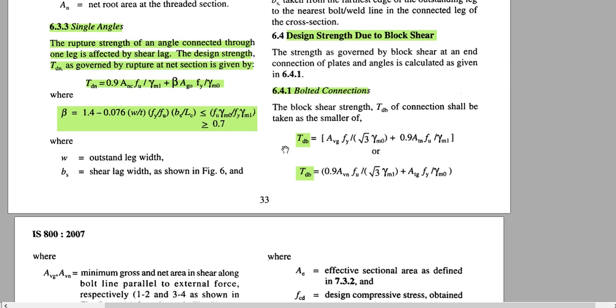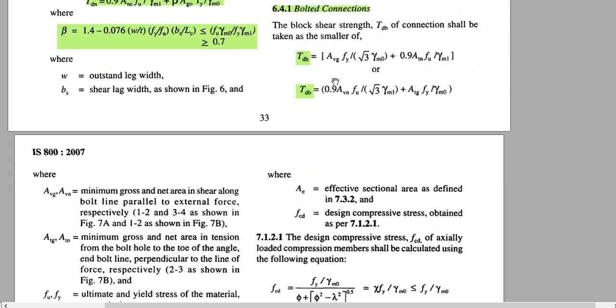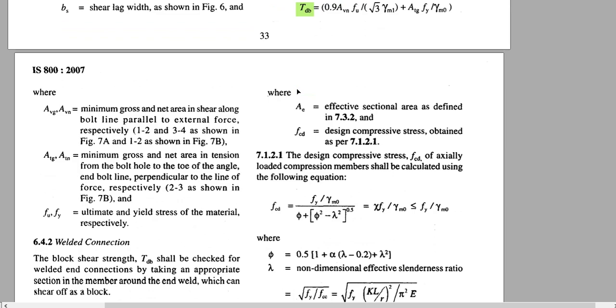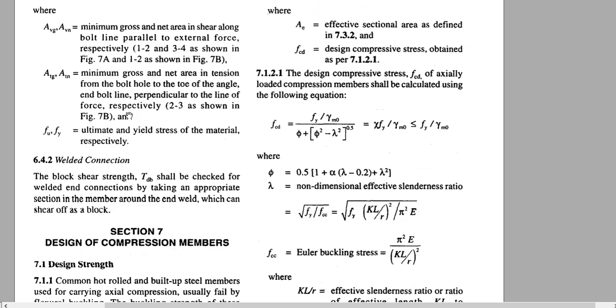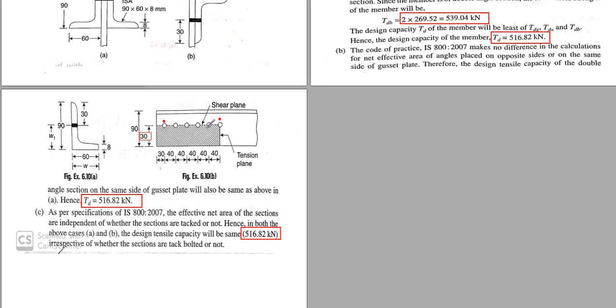So there are two formulas, and you have to find the block shear strength by these two formulas, and the lesser one will be the block shear strength of the section. Everything is explained in my previous video lecture. So this is up to the tension member. Let us go back to the question.